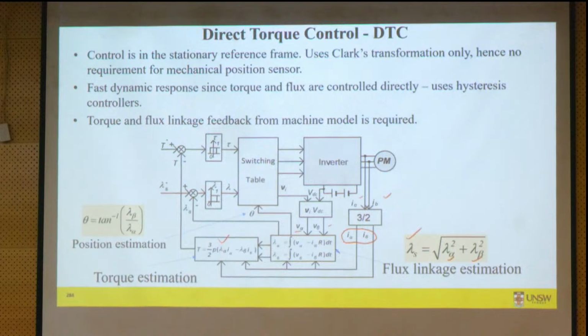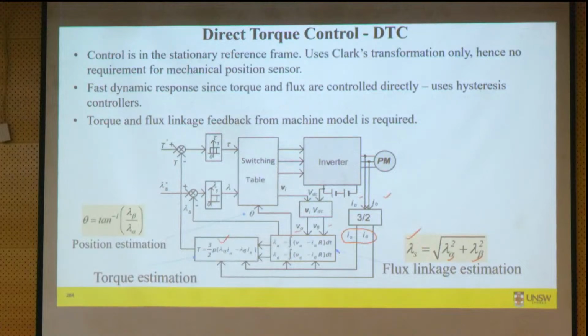The torque and flux linkage controllers could be hysteresis controllers here. You don't have to use PI controllers. The outputs of these two are the torque error and the flux linkage error, which then go to a switching table.